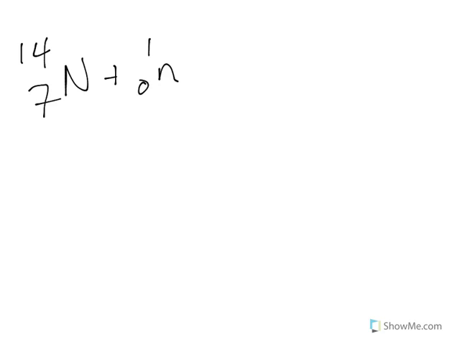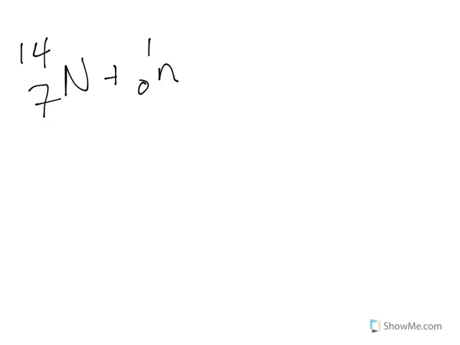So if we take a neutron, it might have been a while since you've seen this notation, but I've got the chemical symbol capital N for nitrogen. It has a mass number 14 for this particular isotope and an atomic number of 7. A neutron has a mass number of 1 and an atomic number of 0.